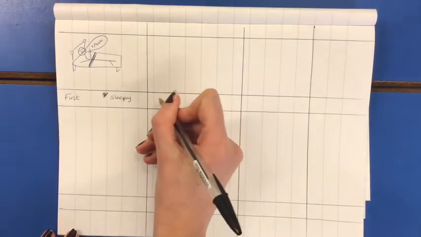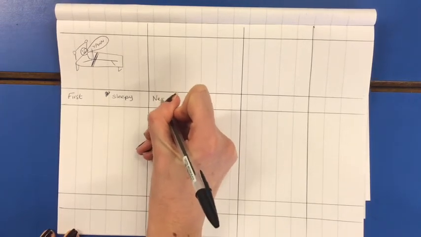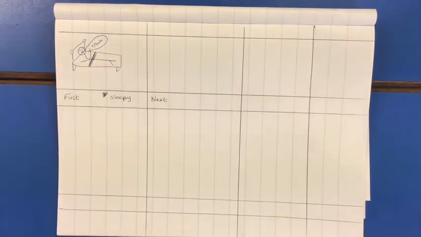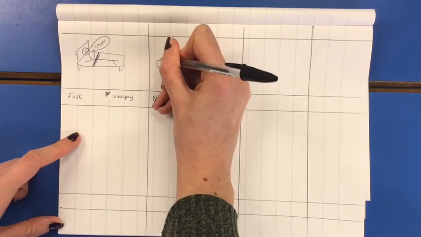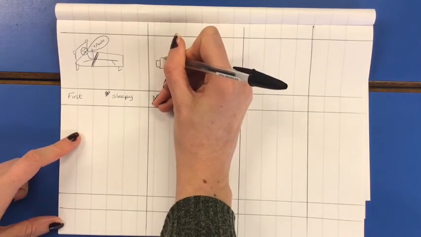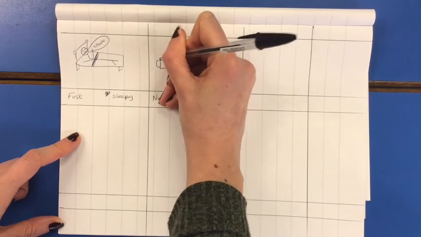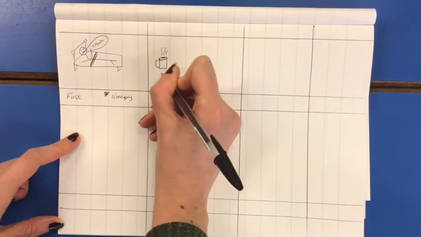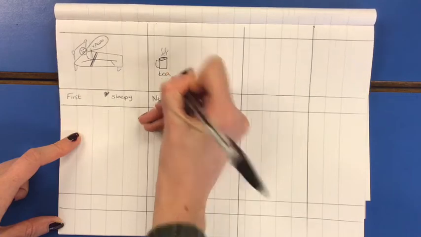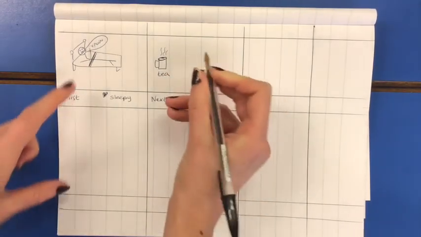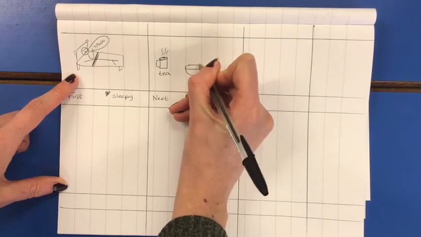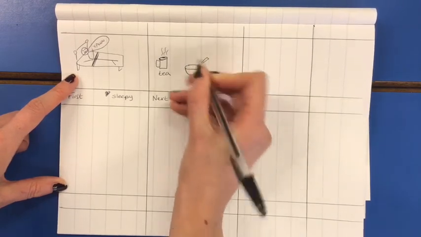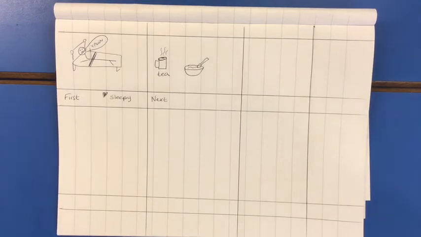I'll then move on to the next picture. After I woke up, the next thing I did, the thing I do every morning immediately, I made a cup of tea, of course, and I had some breakfast.